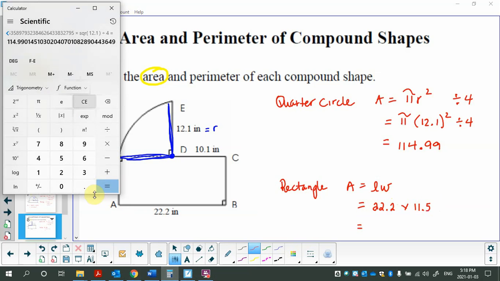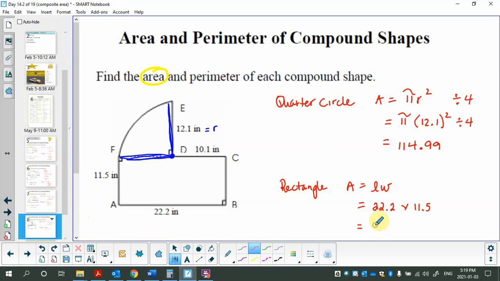Area, 22.2 times 11.5 is equal to, oh, that is too big. You see what I did? I had an extra 2. 22.2 times 11.5, there it is, equals 255.3.